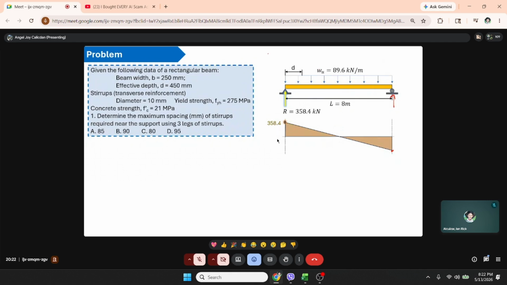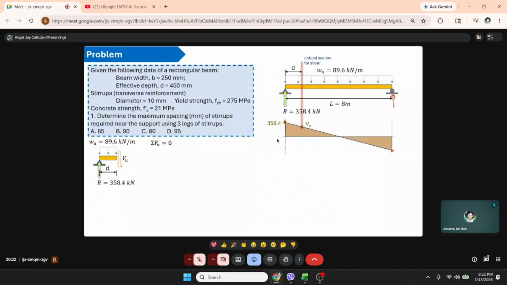And the critical section from the face of the support, going back a distance d, is the critical section for shear. And that is the equivalent VU. So to get that, we cut at distance d. So this is what we see. Since we cut, there is an internal force VU.